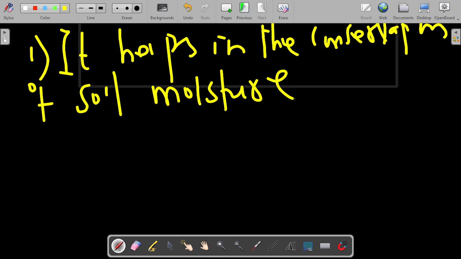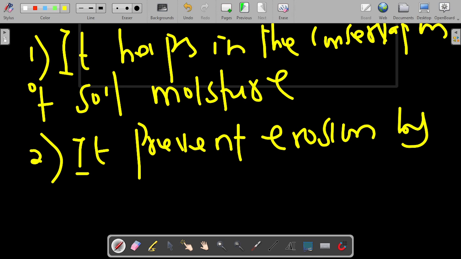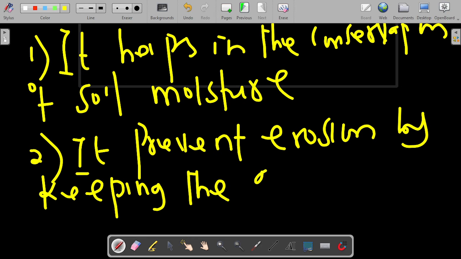Then 2, it prevents erosion by keeping the ground covered.